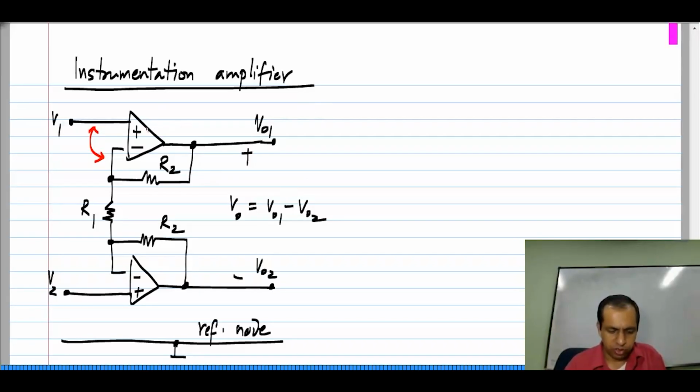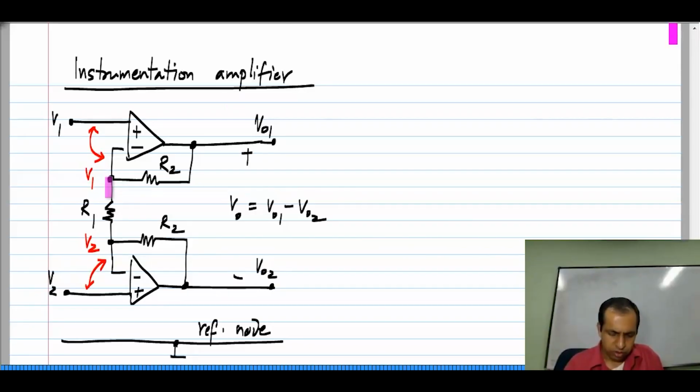So, the virtual short at the input of this op amp means that the voltage here is also V1 with respect to the reference node. Similarly, the virtual short at the inputs of this op amp means that the voltage difference between these two is 0 and this node voltage is V2 with respect to the reference node.